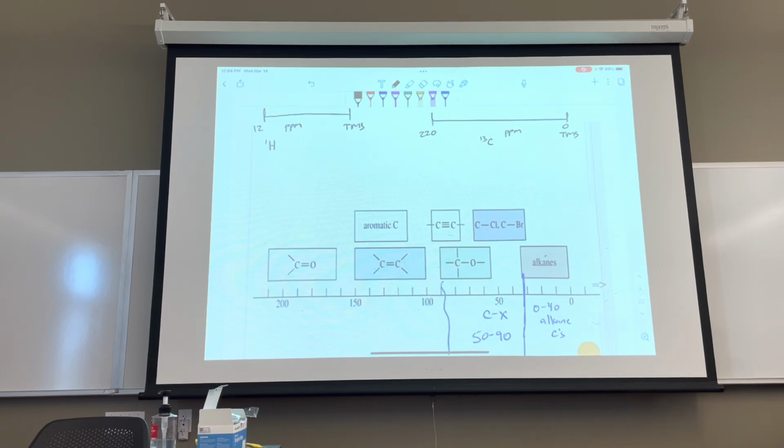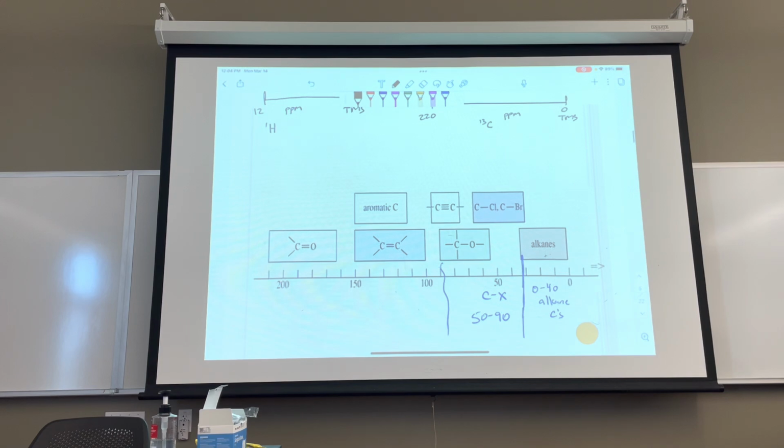If they were aromatic, 7 to 8. So the aromatic and vinylic protons are significantly de-shielded, as are the aromatic and vinylic carbons. They tend to be, as a rough approximation, between 100 and 150. So that's where we're going to find the carbons that are on double bonds.